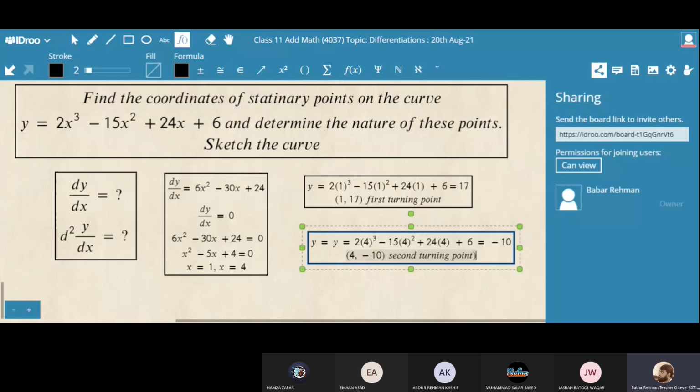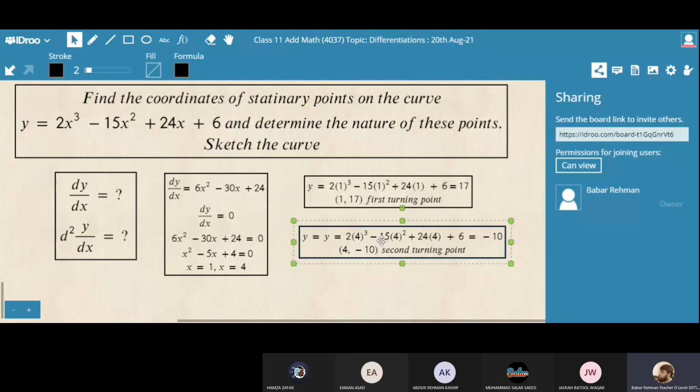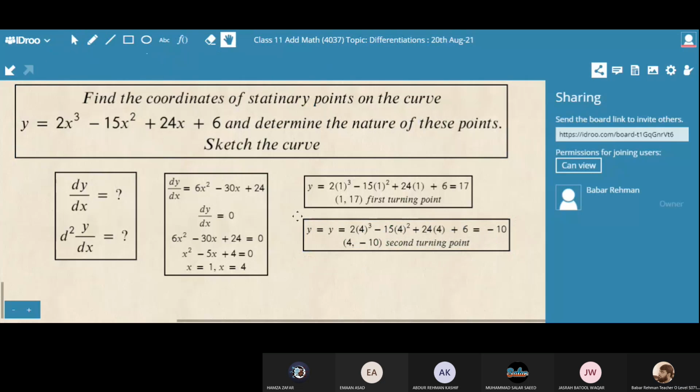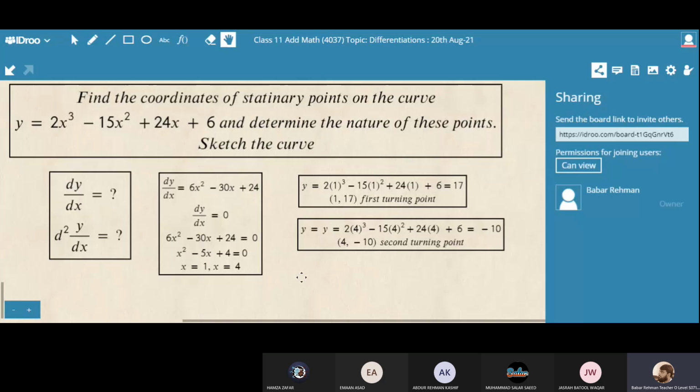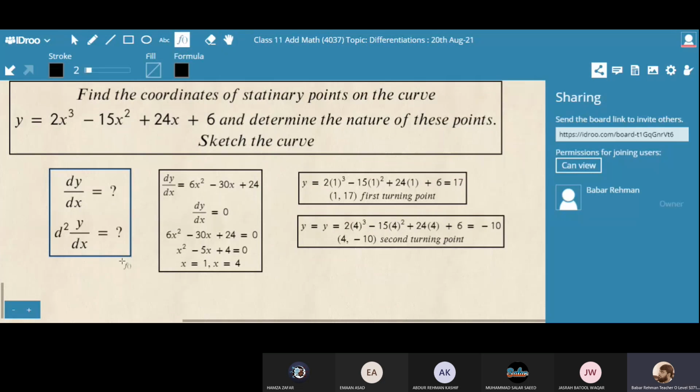Okay, student, now you can see in the question they are asking to find the coordinates of the stationary points on the curve. So we have found these turning points, and determine the nature of these points. So what should we do to determine the nature? Sir, we have to tell if they're maximum or minimum. So find minimum or maximum to determine the nature.